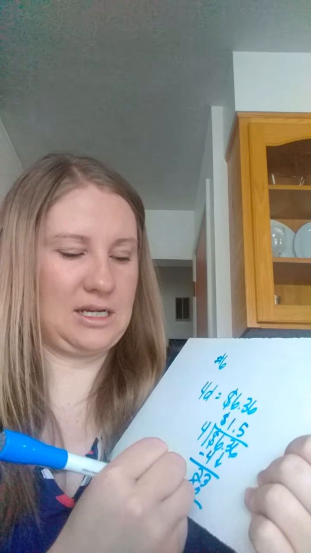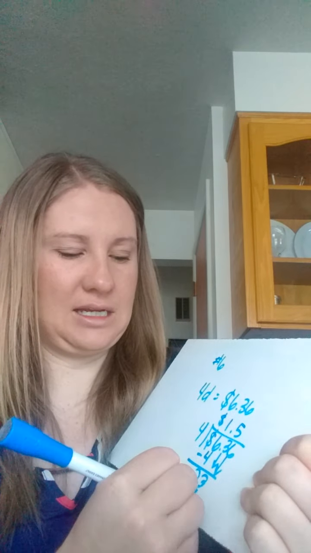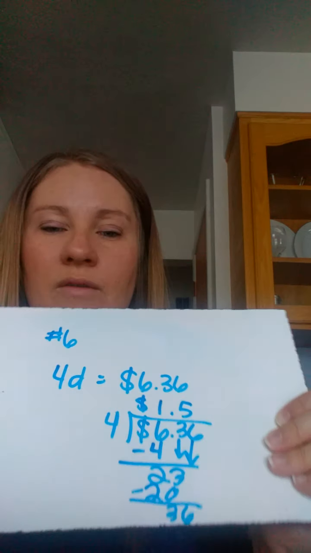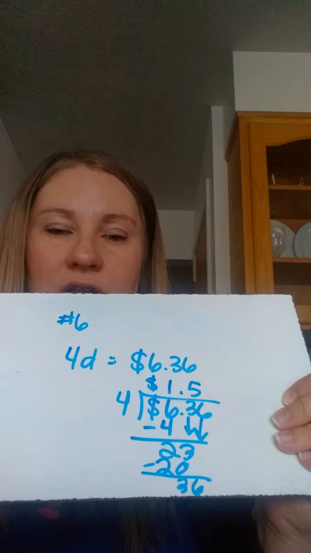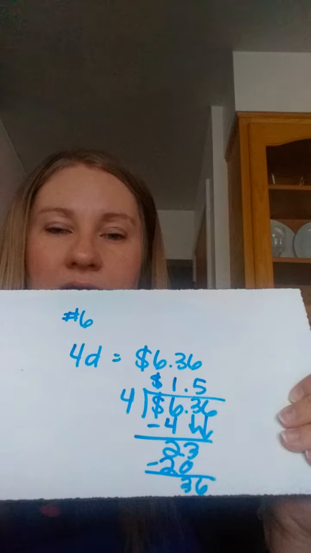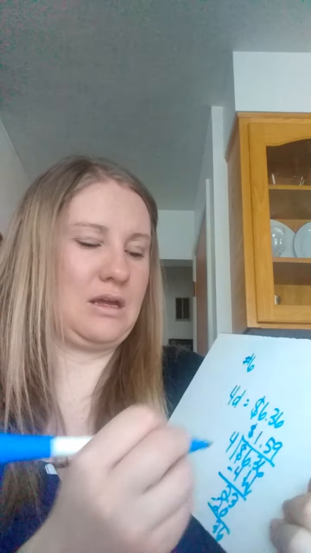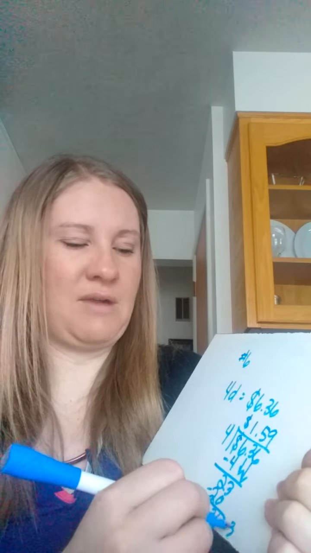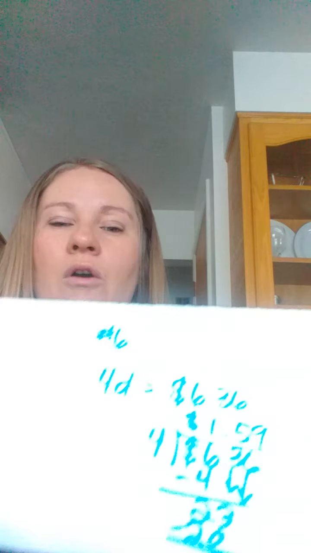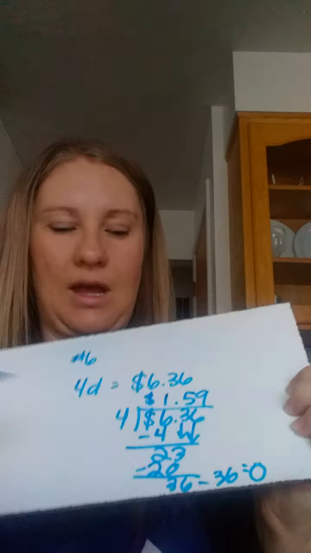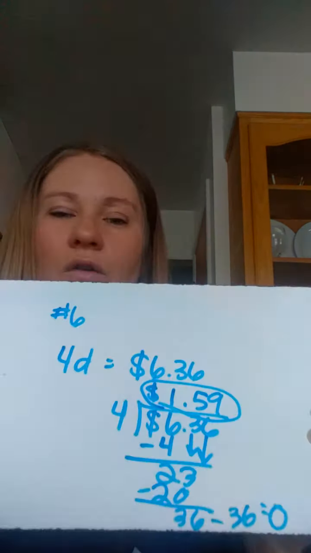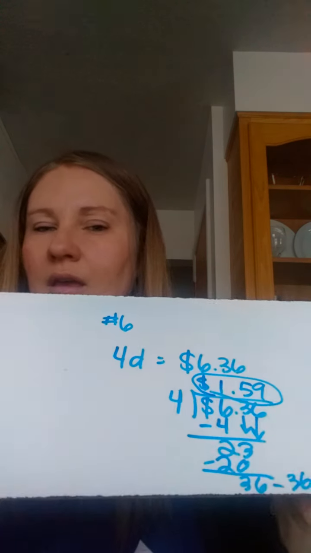I subtract again. I get 3 and I bring down my 6. And I know that 4 goes into 36 9 times. And that is 36 minus 36 equals 0 with no remainder. So I can see what I've got going right there. That one was a little trickier, so I walked you through all the steps on that one.